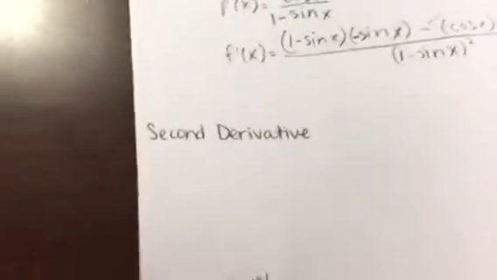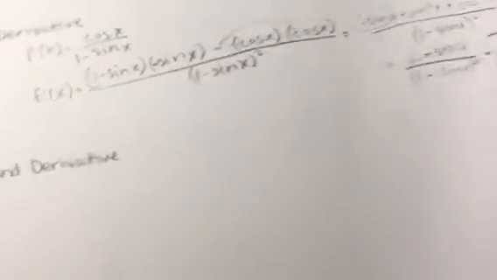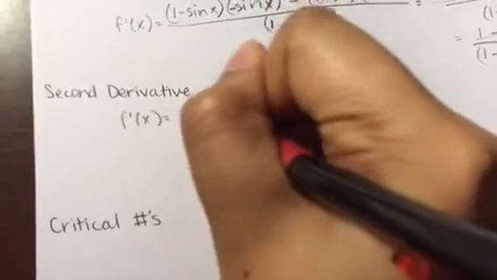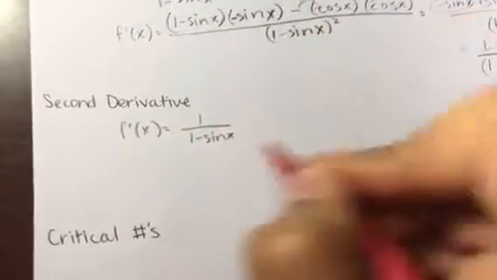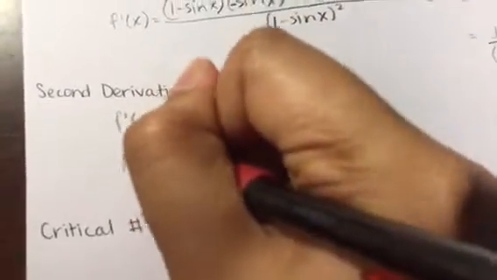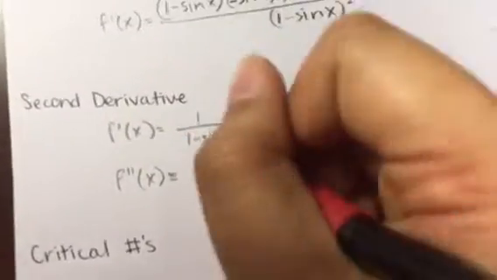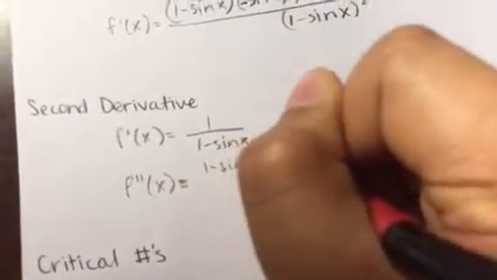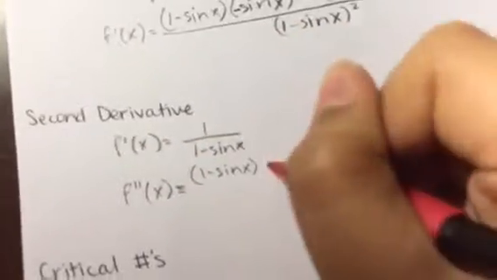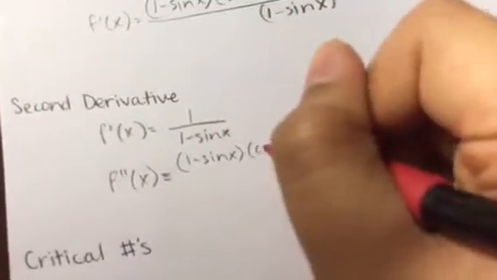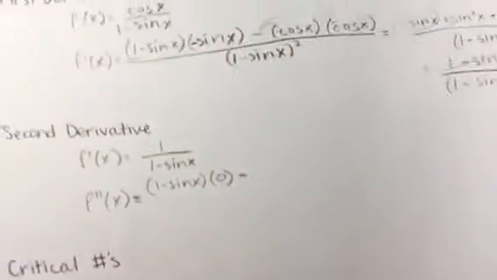Okay, and then second derivative, we'll take the first derivative, which is 1 over 1 minus sine x. And then for second derivative, we'll have to do quotient rule again. So 1 minus sine x, which is low, and then d high, derivative of 1 is just 0, subtract.